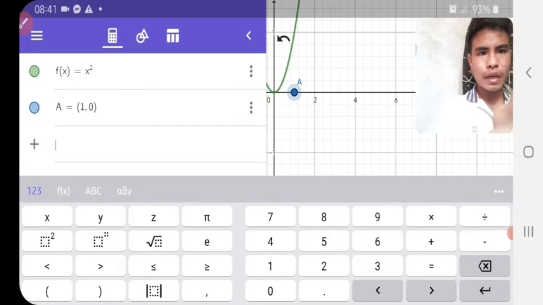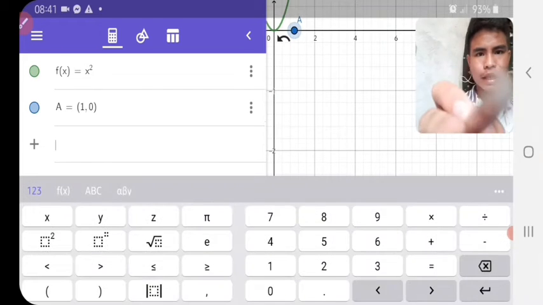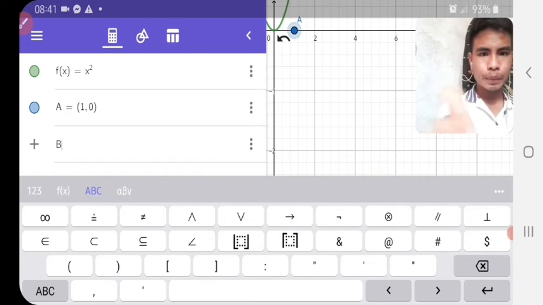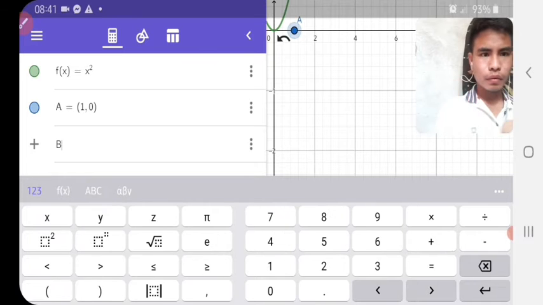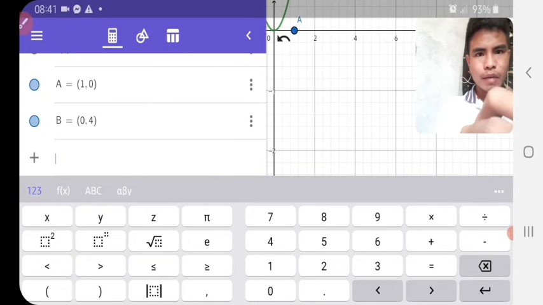Let's have another point in order for us to have a better size of a partition, for example 4. So we have our A point and B point.